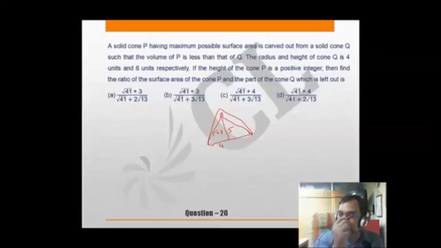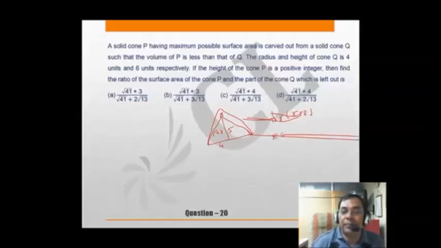So first of all, cone P, surface area of cone P. So the answer is pi r times r plus L. So if I have to do it, pi 4, and here it will be root 41, plus root 41 plus 4.